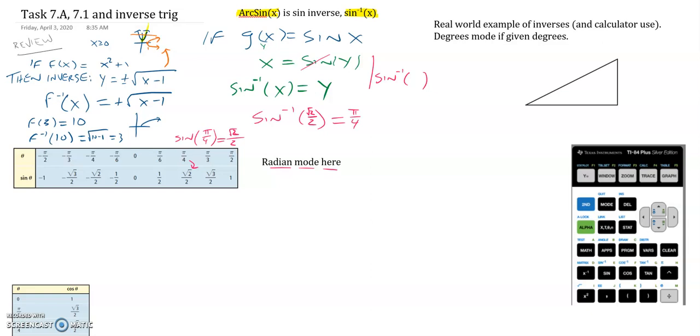The idea of sine inverse of root 2 over 2 is asking, hey, sine of one of your thetas outputted root 2 over 2. Which theta was it? That's the idea of inverses. The simplicity of it is you work the table backwards. You just work the table backwards.